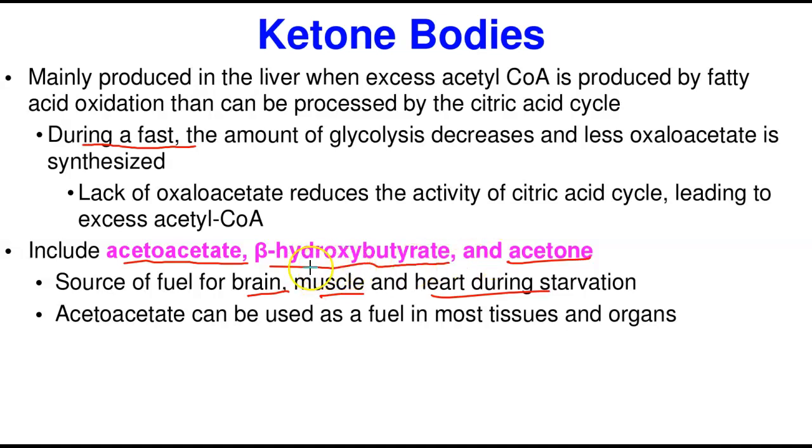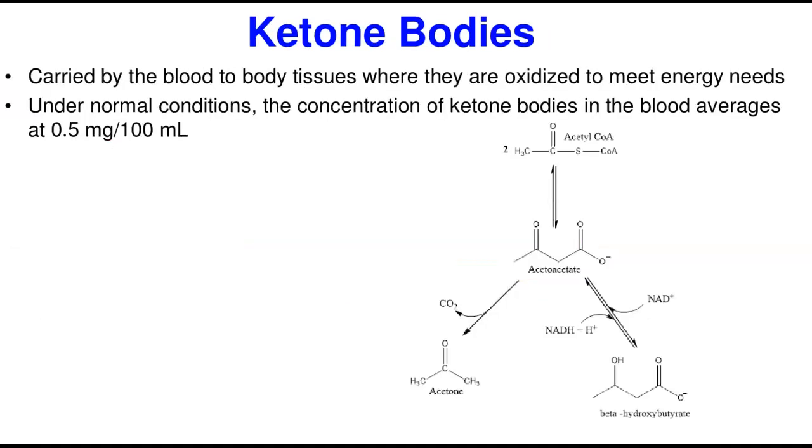Now, something important. The other two molecules, beta-hydroxybutyrate and acetoacetate, are useful. They can be broken down into acetyl-CoA and used for energy. However, acetone has no use to the body and can only go out in the breath, which is typical for diabetic patients. Acetoacetate can be used as a fuel in most tissues.